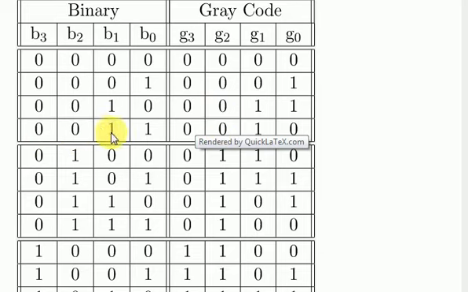Now the next combination is 0 1. So when we exclusive OR 0 with 1, the answer will be 1, so 1 is placed here. In the next combination, we are having 1 1. Here, when we exclusive OR 1 with 1, the answer is equal to 0, so we will place 0 here.